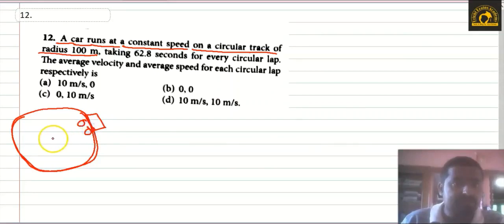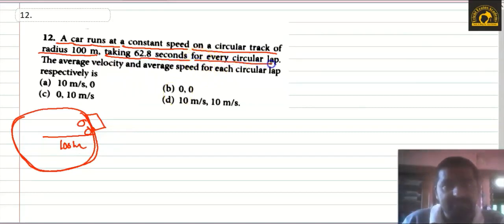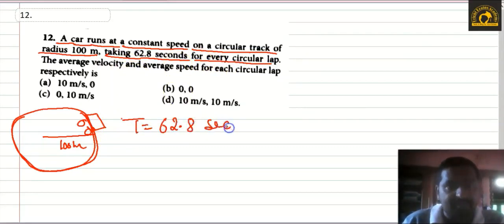The car is moving on a circular track with radius 100 meter, taking 62.8 second for every circular lap. The time period is equal to 62.8 second. Find the average velocity and average speed of the car respectively.